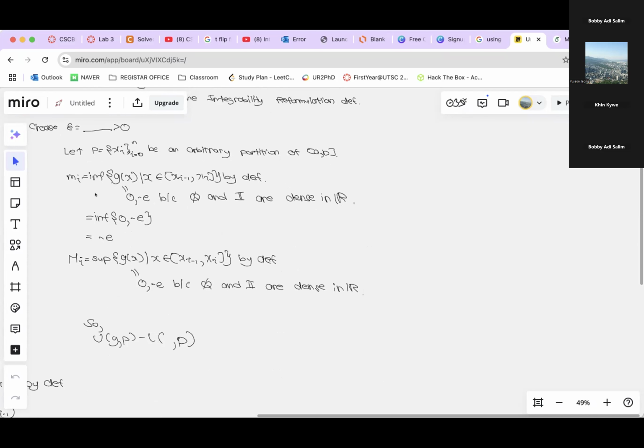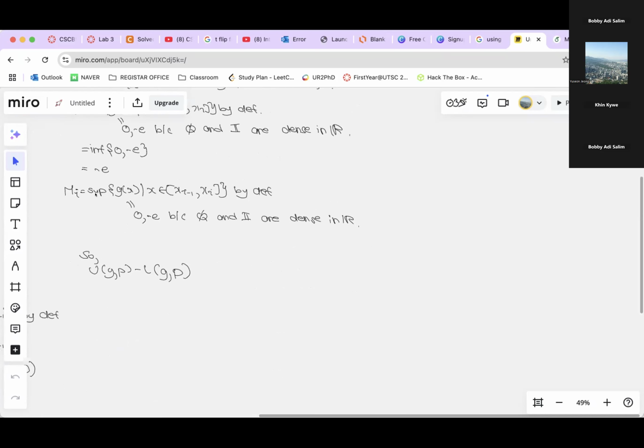This one is going to be equal to the summation of i equals 1 to n of Mi times (Xi minus Xi minus 1) minus the summation of i equals 1 to n of mi times (Xi minus Xi minus 1), by definition.